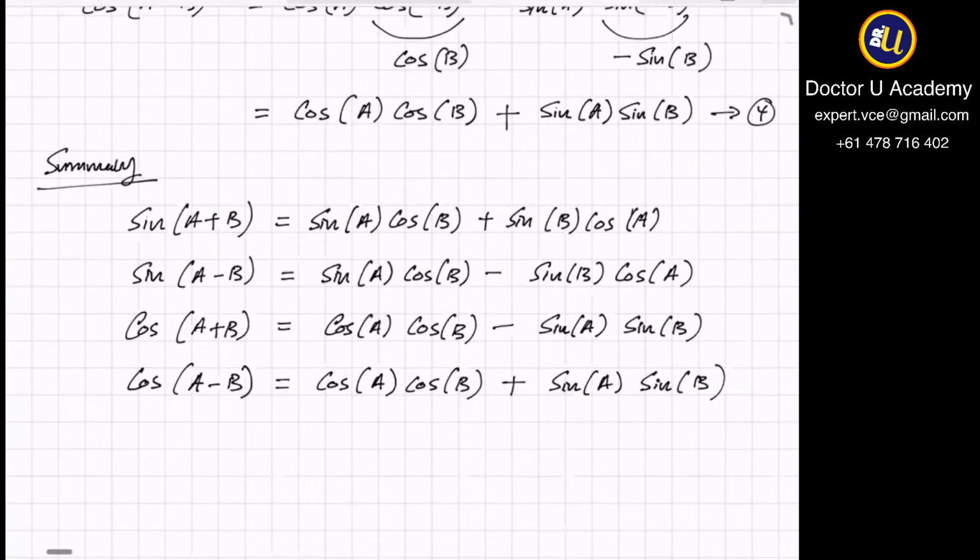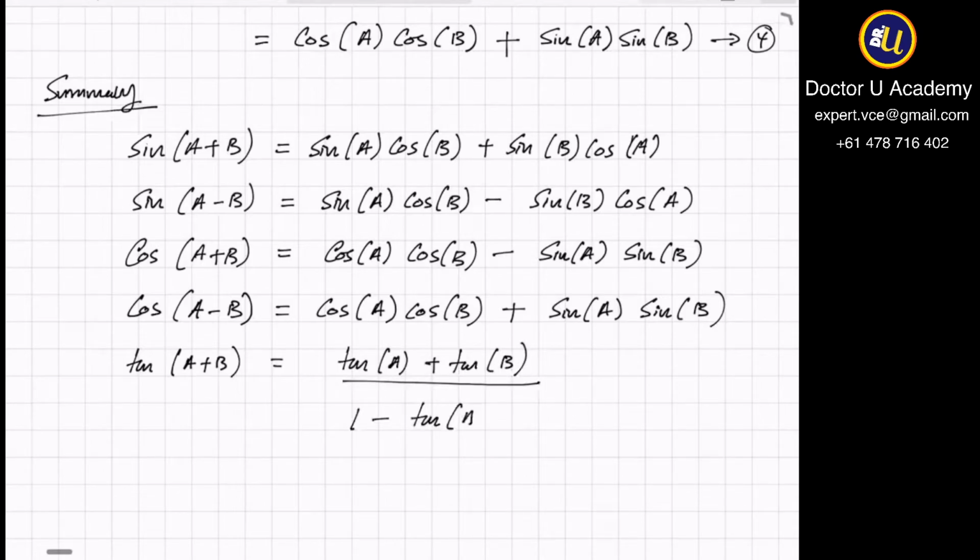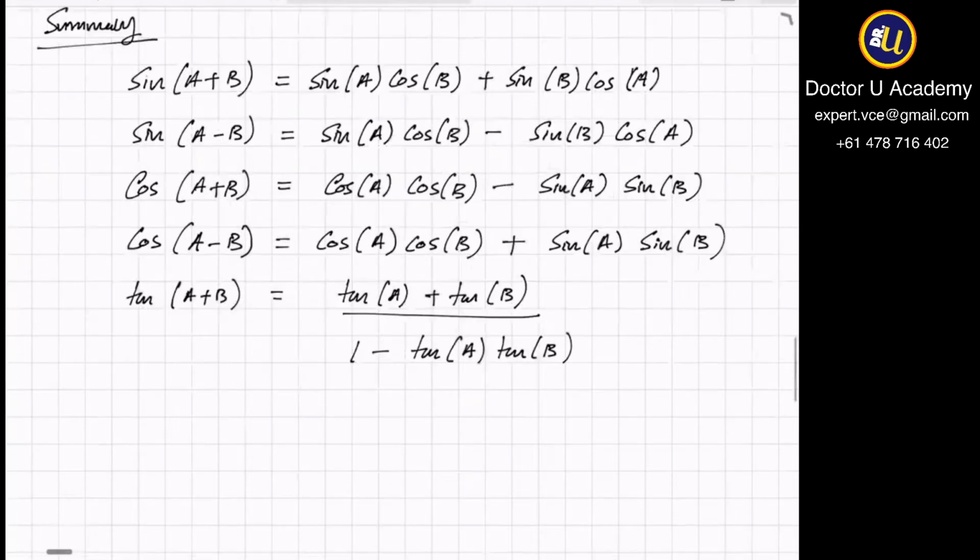Okay, so for tan, it's better to do that. So tan A plus B. What is tan A plus B? Tan A plus B is tan A plus tan B divided by 1 minus tan A tan B. So that is tan A plus B. So tan A minus B, you can just sub in this minus B value.